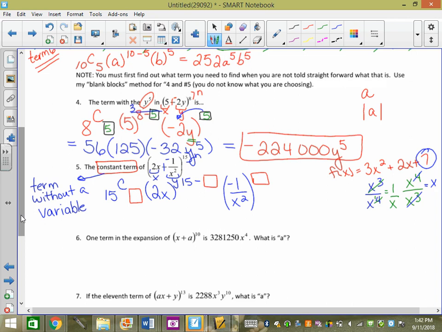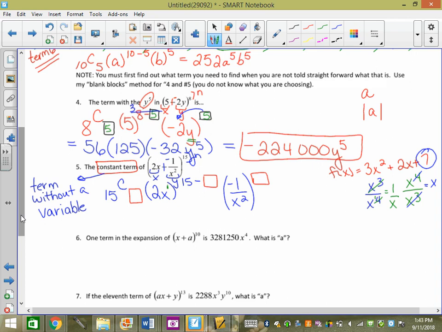So I need the x's in the denominator to actually be equal to the exact same amount of x's in the numerator so they cancel off. We agree? So right now, this one is an x to the 1 currently. And this one is an x to the 2 currently. If I actually canceled them at this very point, I'd still have an x in the denominator, wouldn't I? Which would not be a constant term. We agree?